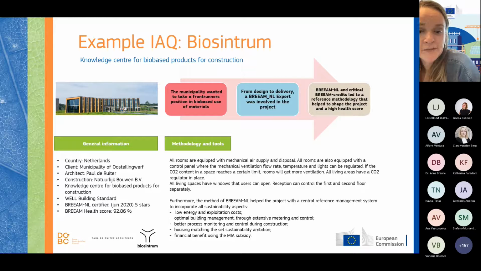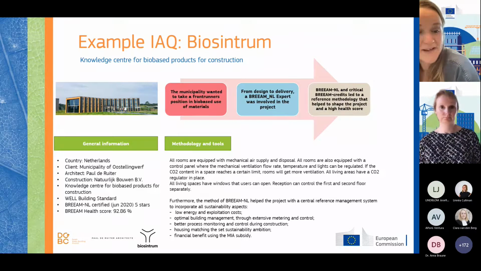What is also beneficial of this is that by using this way of integral thinking, they could implement all these different benefits into one building. So that's really nice. And they really have a high health score of 92% in BREEAM, and that's pretty good.